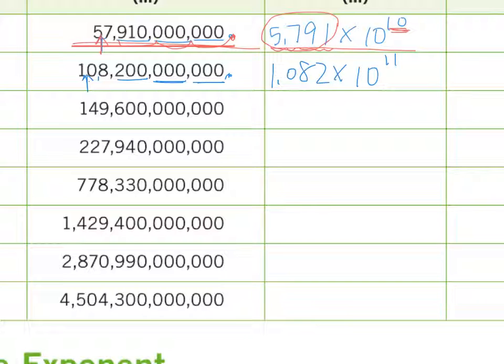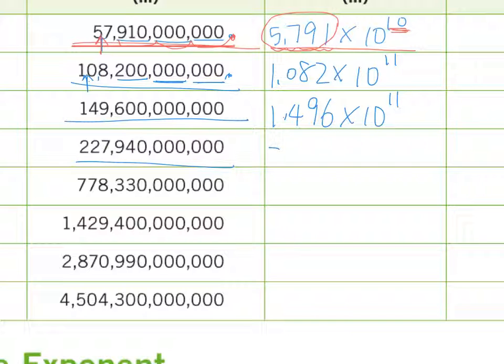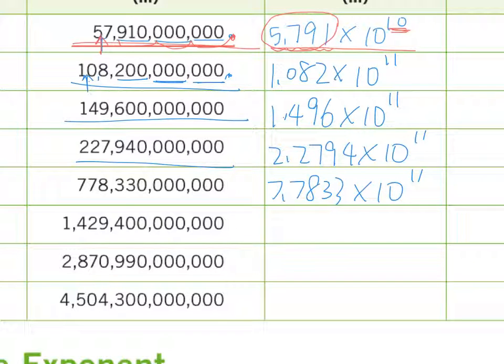And the next one, can you see it has the same number of digits? Once I locate A, it's 1.496 times 10 to the 11th power. The next one is very similar: 2.2794 times 10 to the 11th, 7.7833 times 10 to the 11th.